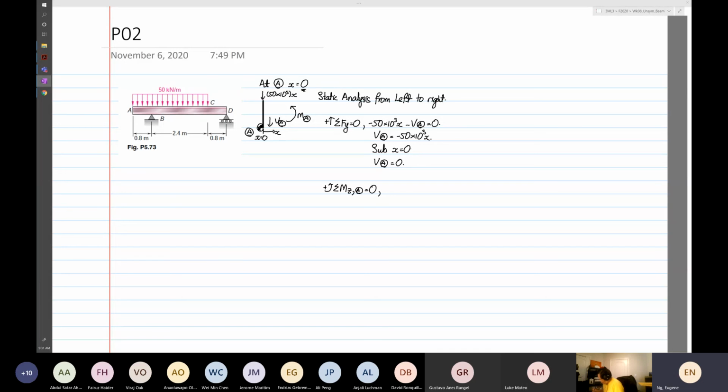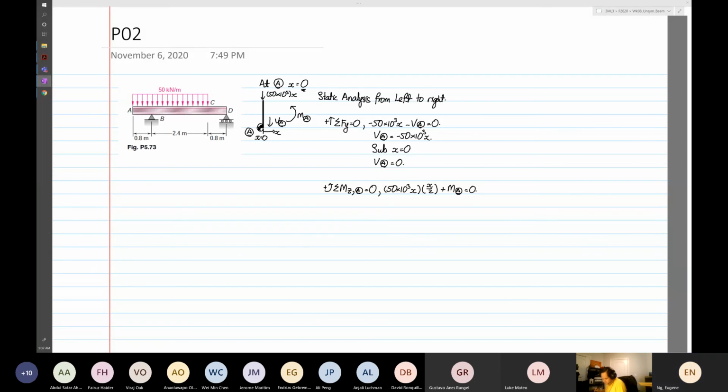So this will be going anti-clockwise, 50 times 10 to the power 3 multiplied by x. This is the force, multiplied by the distance, x over 2, going in the anti-clockwise direction. And then we have a moment going anti-clockwise, so moment about point A is equal to 0.